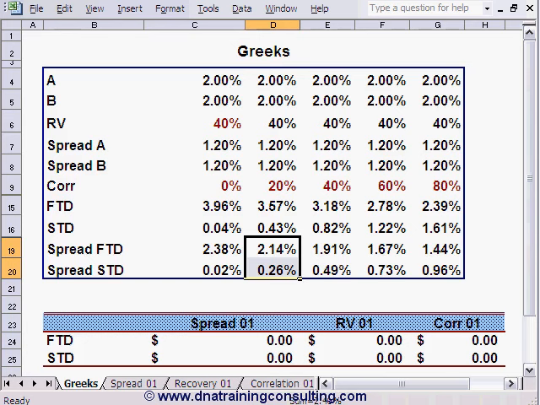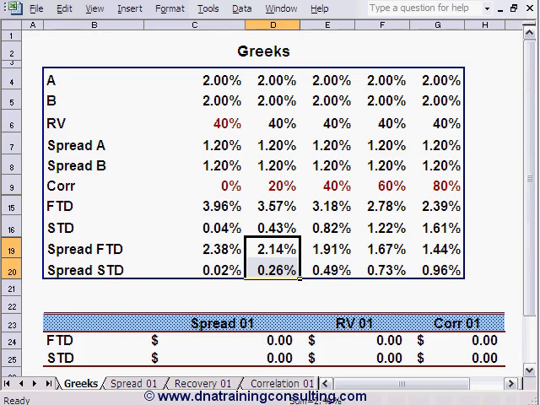Finally, we recall that the impact of a 1 basis point increase in the necessary spread of a 1-year $100 million note, if we ignore time value of money, is quite simply that 1 basis point times the current value of the note.